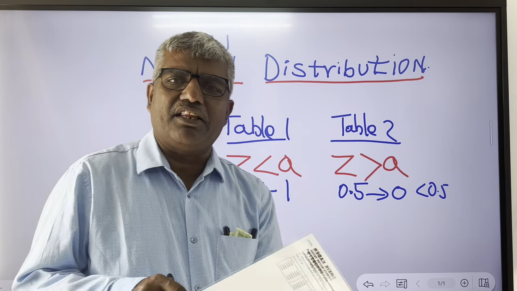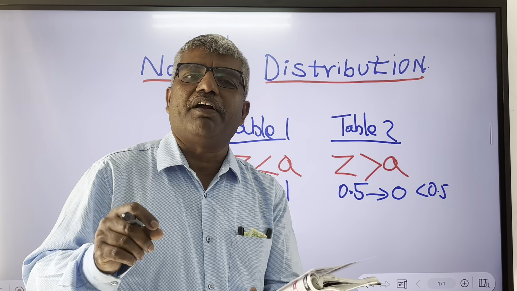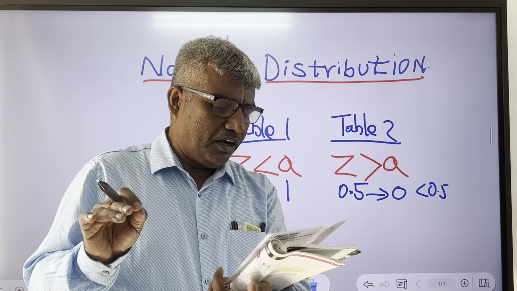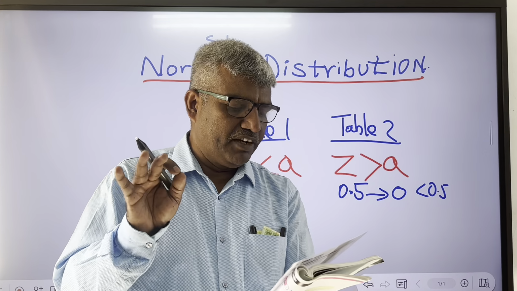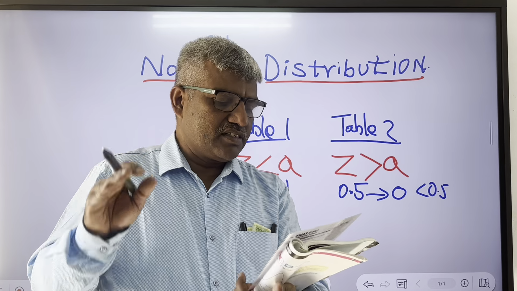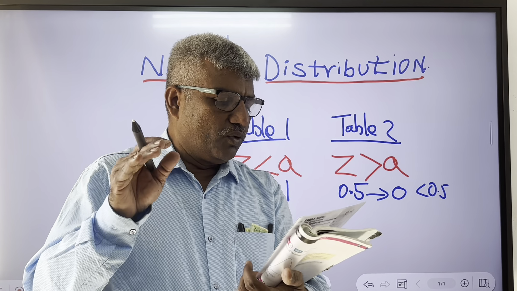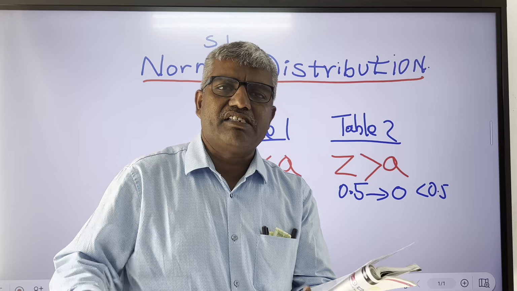Table 1, another important feature is that the values are 4 digits: 0.5120, 0.5239. Okay, it is not rounded values. Look at the P value in each column: 0.5040, 0.6950, 0.9875, like that.